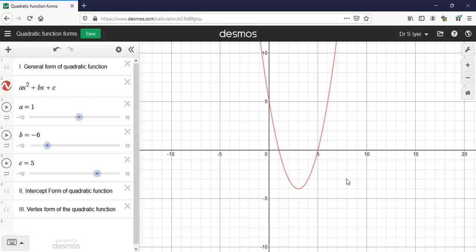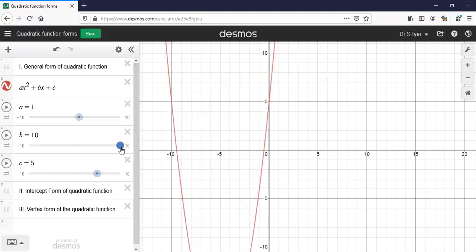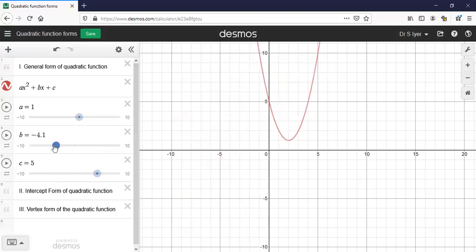Let's look at the effect of b. Now, you'll notice that as I increase the value of b and then keep doing that, the parabola is shifting. You see that? The parabola is shifting either to the right-hand side or to the left-hand side.